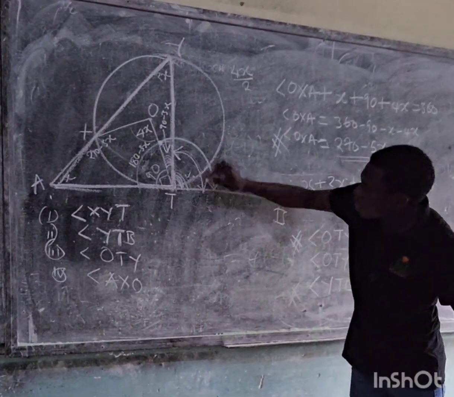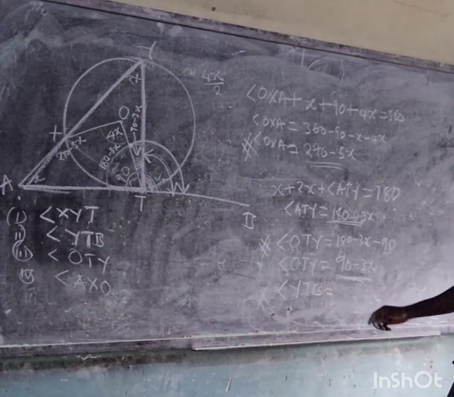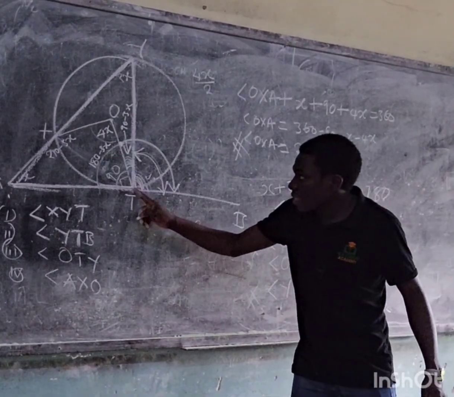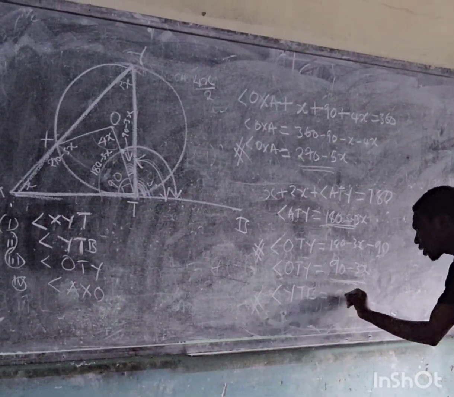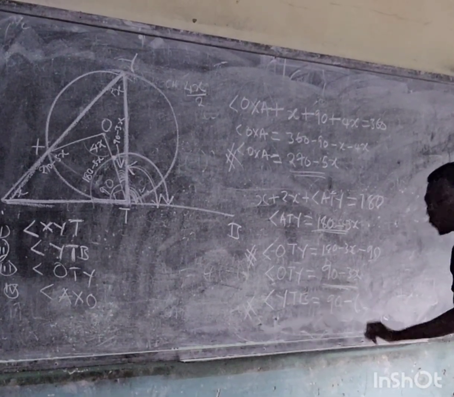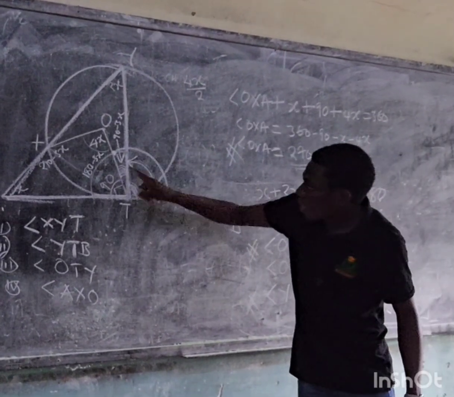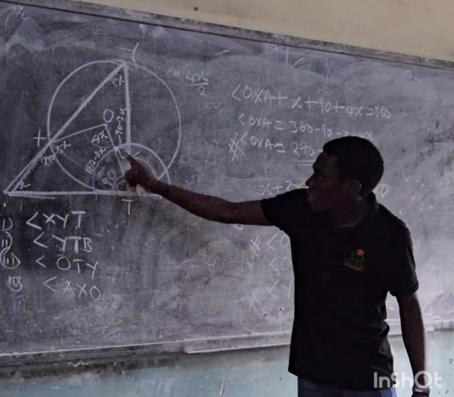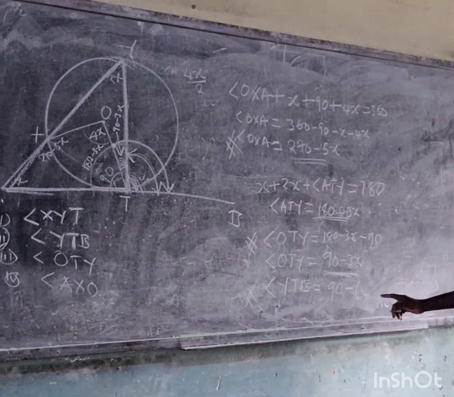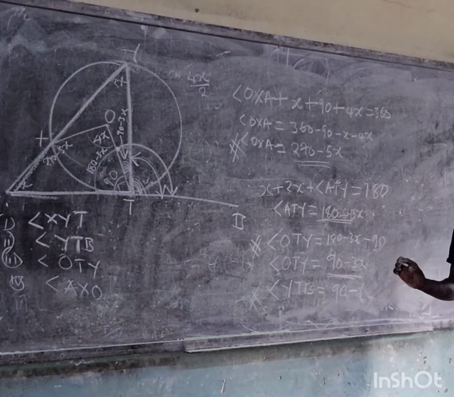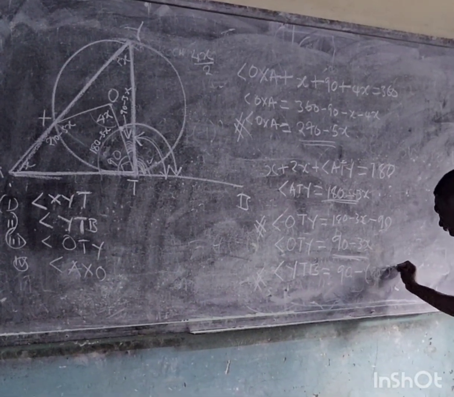From here to here is what? 90, not so? Because this is a radius perpendicular to the tangent, which is 90 there, so you write 90, okay, minus, are we following there? Minus, we already know that from here to here is 90 minus 3x. So we are going to say minus, but as you are bringing it, you should put it in brackets because it is like a function. So it is 90 minus 3x like that.